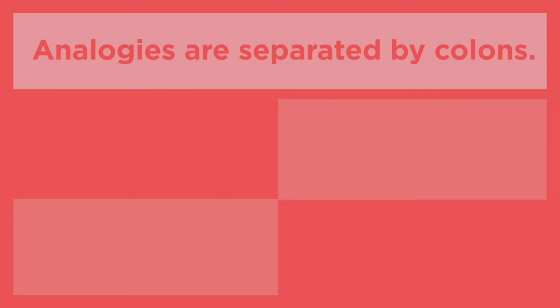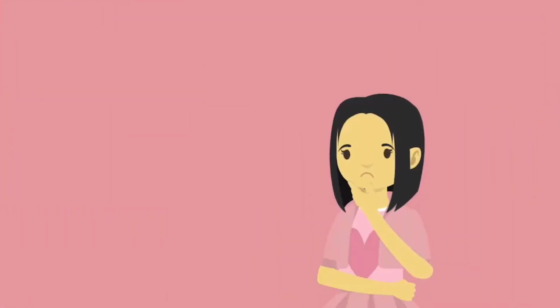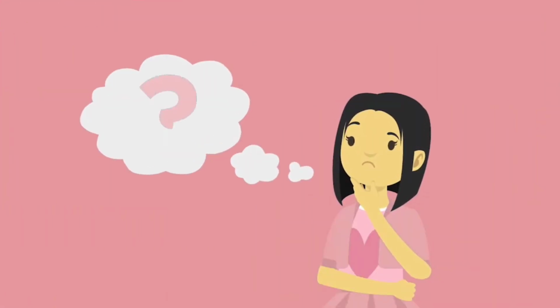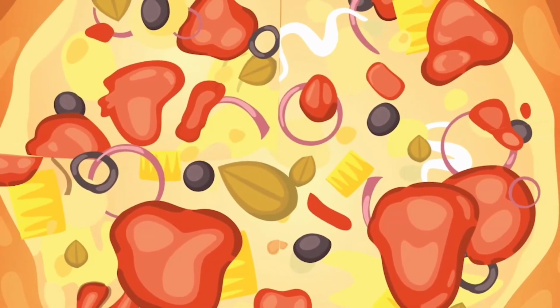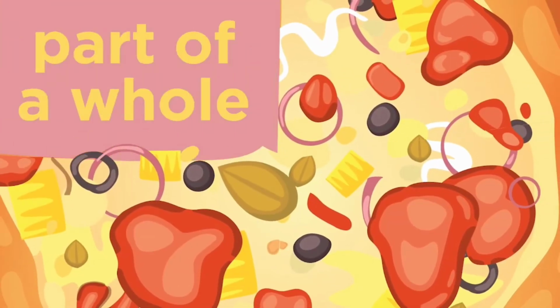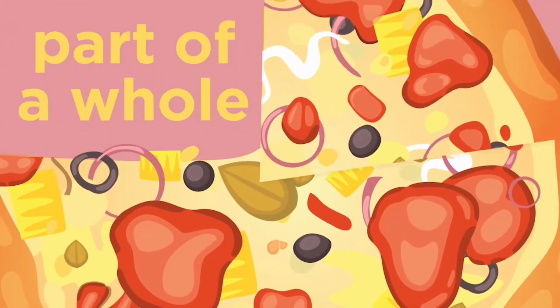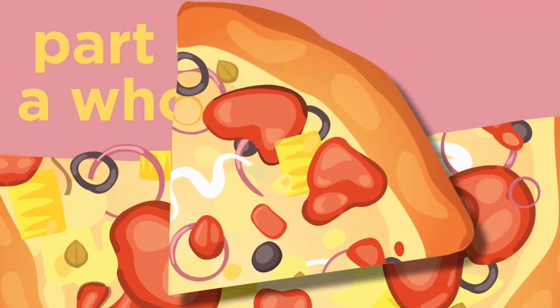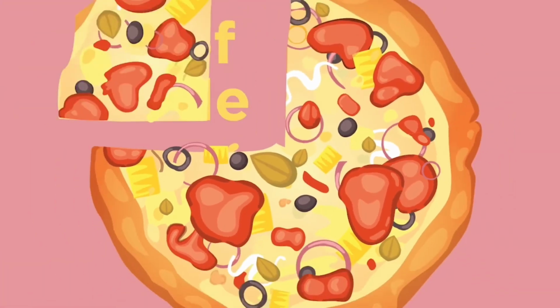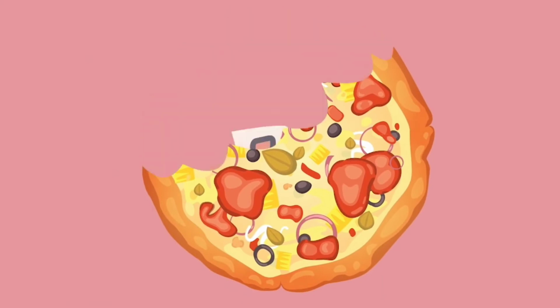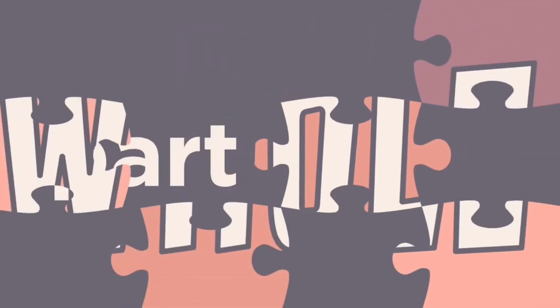When you're interpreting analogies, ask yourself, how are these words related? For example, a part of a whole relationship is when one subject is part of another or part of a whole. Think of it like a piece of a puzzle. The jigsaw piece is the part and the entire puzzle is the whole.